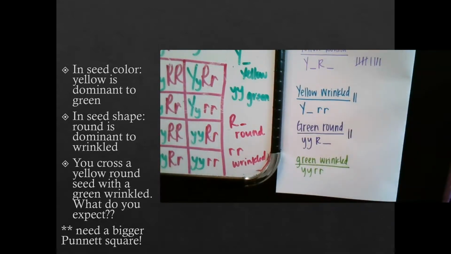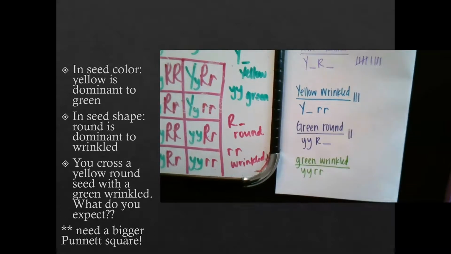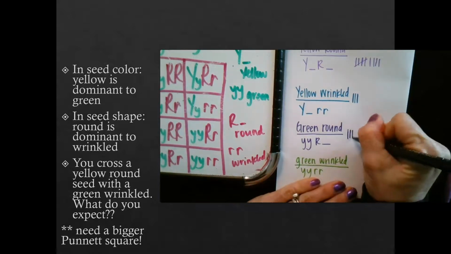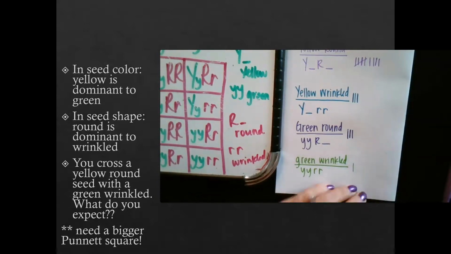Yellow and wrinkled. Green and round. And last but not least, my very last one, the homozygous recessive for both, green and wrinkled.